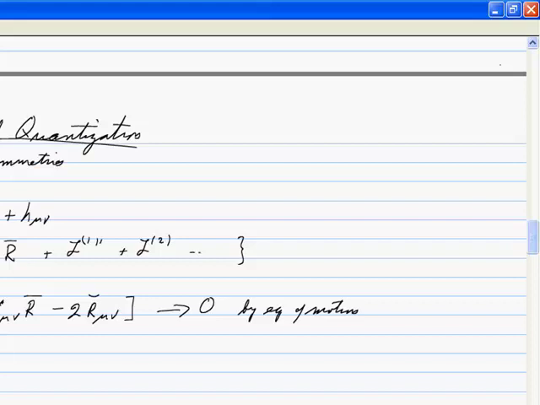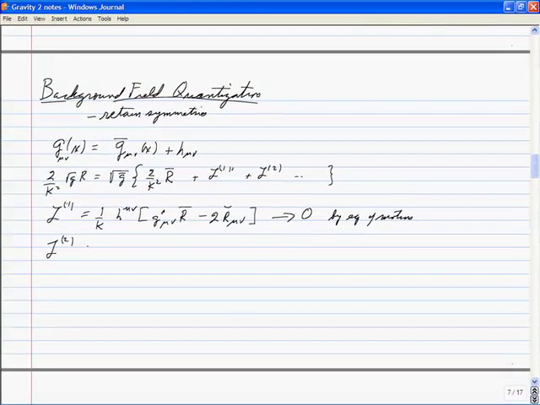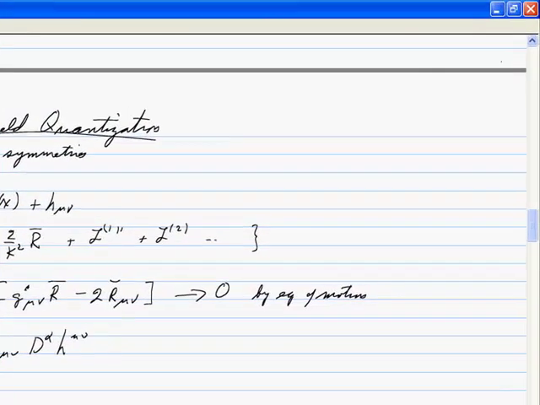Then the second order term, there's a bunch of terms, I won't write them all out, but it starts off with the kinetic energy pieces, d alpha h mu nu, d alpha h mu nu. Everything's raised and lowered by g bar now.